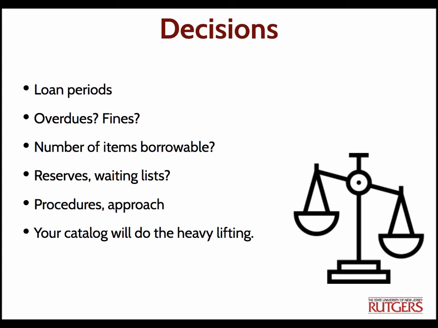What procedures and approaches are you going to have? Are you going to aggressively get books back, or are you going to do some incentivizing? There's so many decisions that are personally made at the building level. And much of what you're going to create, recognize that your catalog is going to do the work for you after you make the decisions.